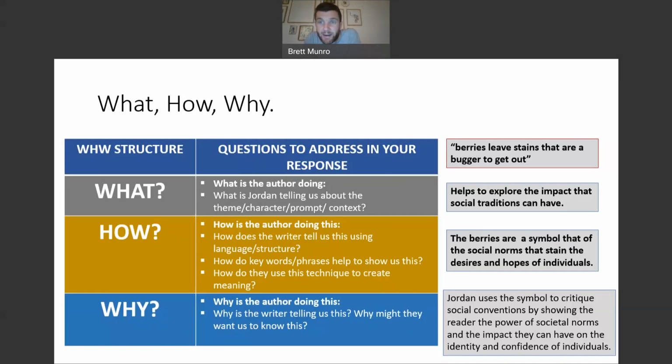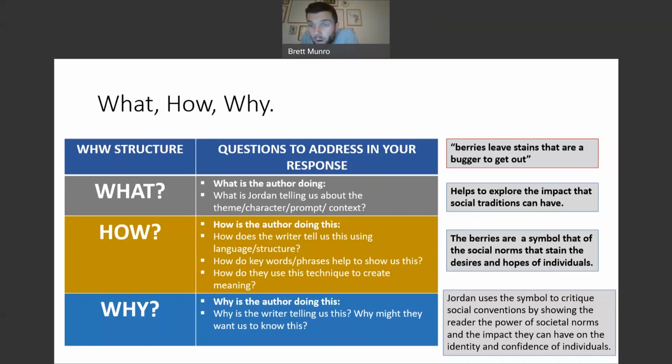So my examples here are in relation to one of the quotes from the previous slide, and that is, "berries leave stains that are a bugger to get out." Really good quote, flexible. So the what is that this quote helps to explore the impact that social traditions can have. In this case, that impact is negative. So how does this symbol do that?